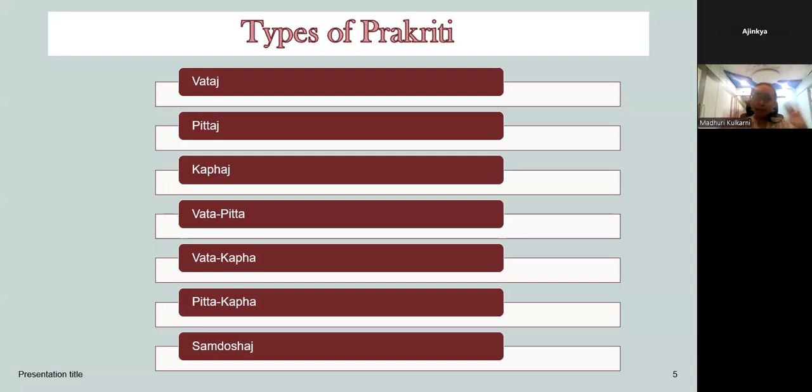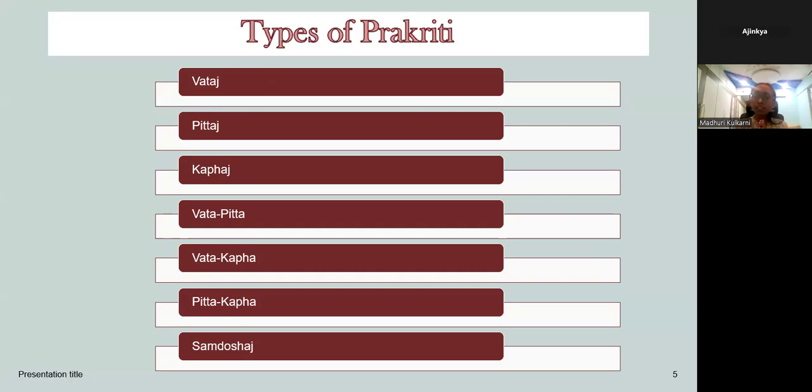All the people across the globe belong to exactly one of these categories. A person having high Vata goes in the category of Vataj. A person having high Pitta is Pittaj, then Kaphaj, then Vata Pitta. Those who have Vata and Pitta but almost negligible Kapha belong to the Vata Pitta category. Those who have Vata and Kapha but negligible Pitta belong to the Vata Kapha category, and so on.